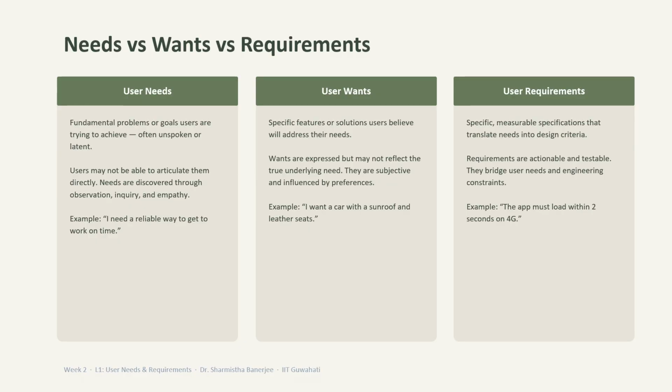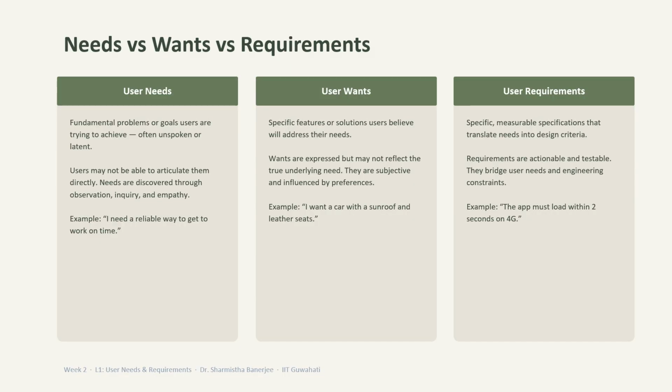Then comes user wants. User wants are specific features or solutions which your users believe will address their needs. So wants are always expressed but may not reflect the true underlying need. So we were researching in certain slum areas of Mumbai, and we asked everybody, would you like to have a sanitation facility within your home, so a bathroom, because we as researchers thought that using a common toilet is not the most hygienic solution.